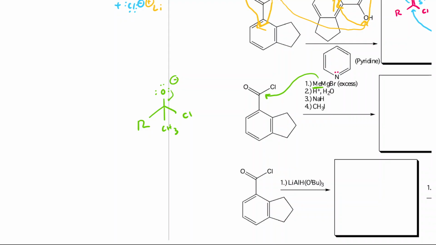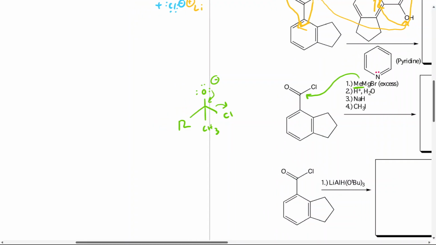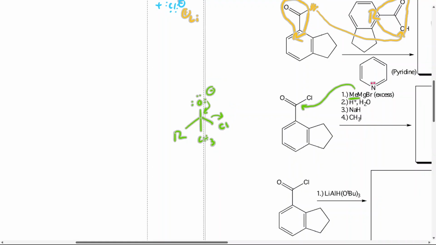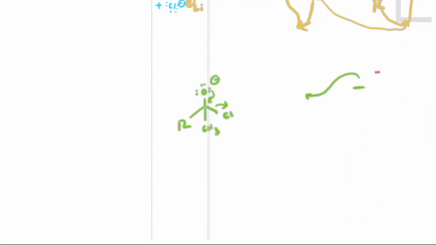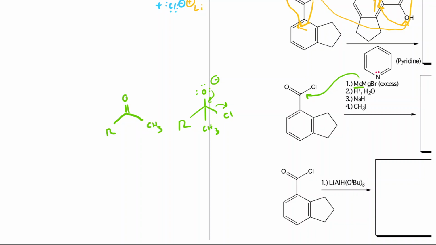It's going to push down a pair of lone pairs to reform the carbonyl and then subsequently kick out the chloride. And this results in a ketone.